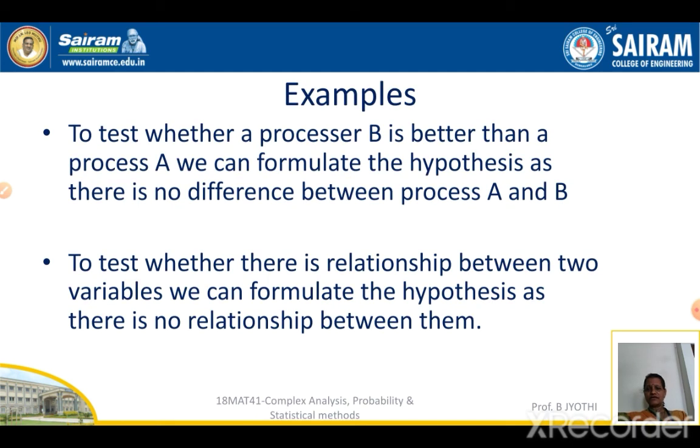Some examples are: to test whether process B is better than process A, we can formulate the hypothesis as there is no difference between process A and B. Next, to test whether there is a relationship between two variables, we can formulate the hypothesis as there is no relationship between them.